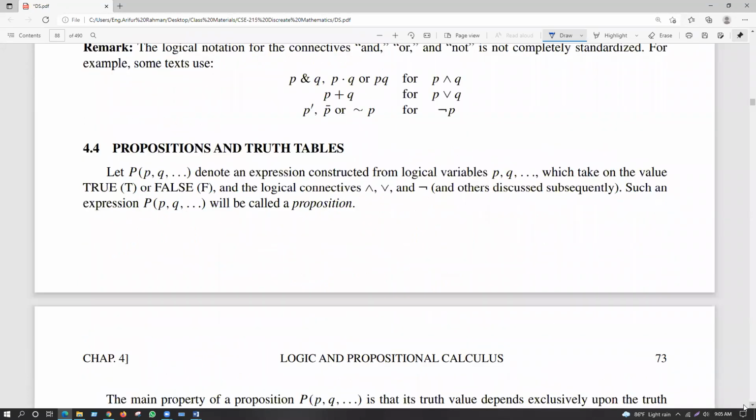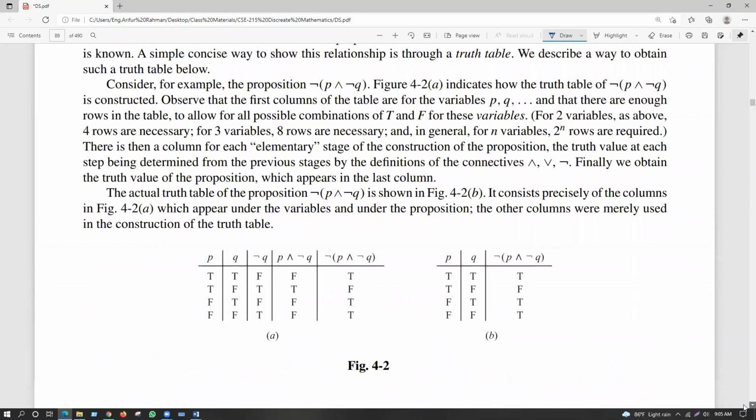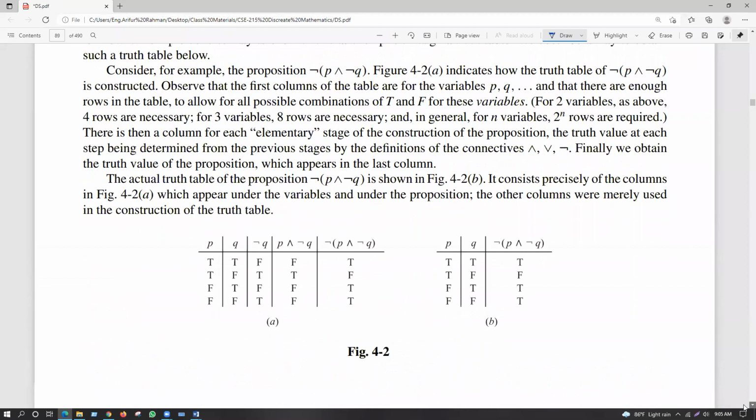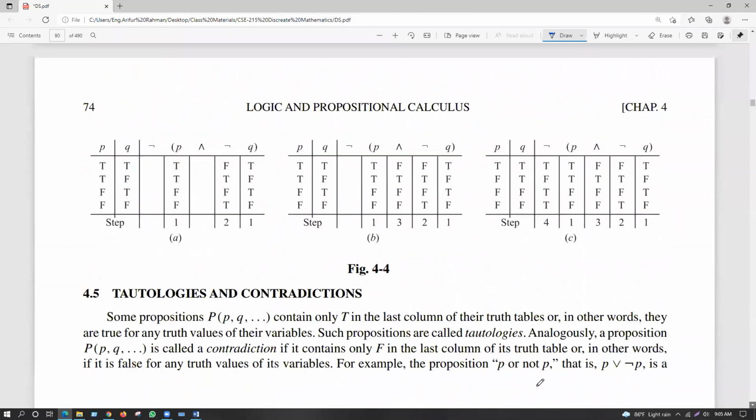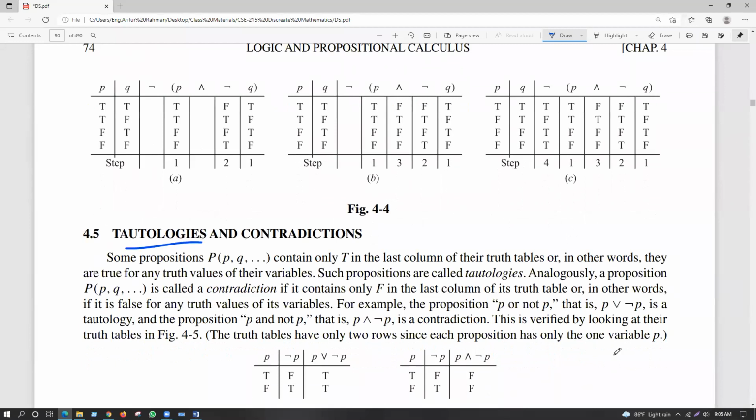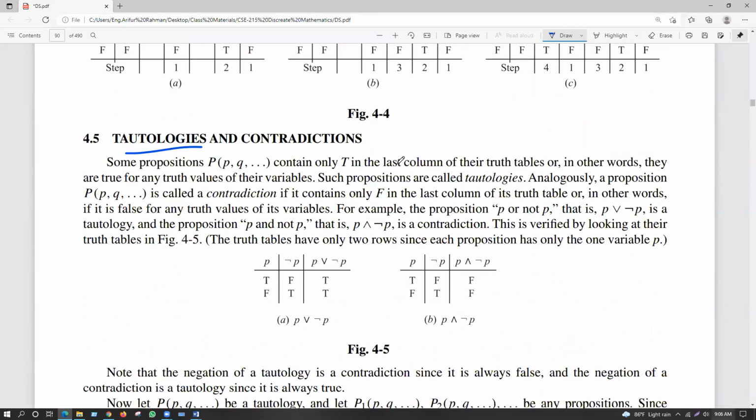I'm going to discuss a new thing today, which is a very interesting term, tautologies. I will discuss these two things in parallel: tautologies and contradictions. Tautologies and contradiction.